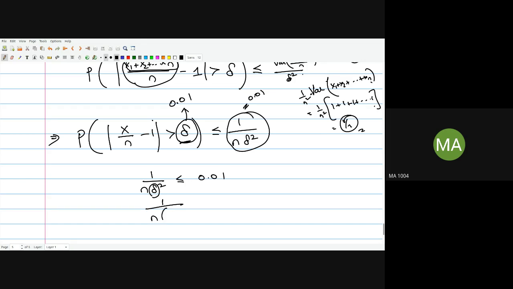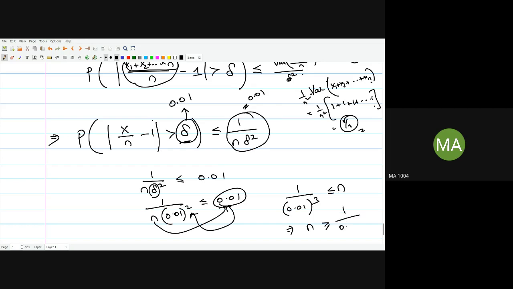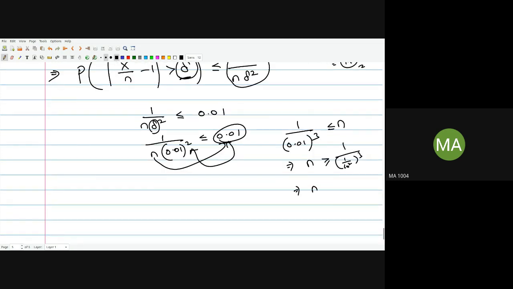So 1 by n times 0.01 whole square is less than or equal to 0.01. From here you take n to the right side and 0.01 to the left side, and you get 0.01 whole cube is less than or equal to n, which implies n is greater than or equal to 1 by 0.01 whole cube, which is 1 by 10 to the power of minus 6. So we can get n is greater than or equal to 10 power 6.